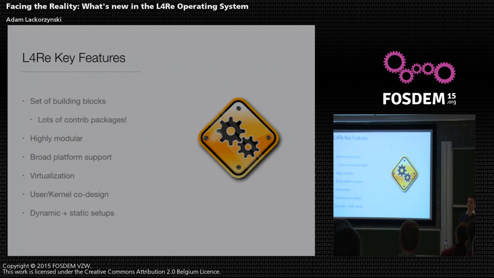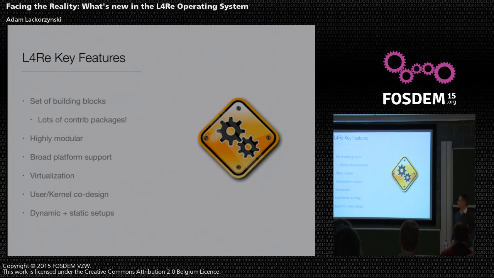So the key features of our system: first of all, it's not a fully fledged operating system in the sense that you, as an end user, can download it, install it onto your machine and then be happy for the rest of your life. No, instead it's a set of building blocks which allow you to build systems.